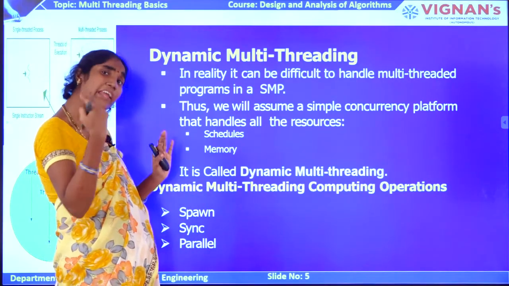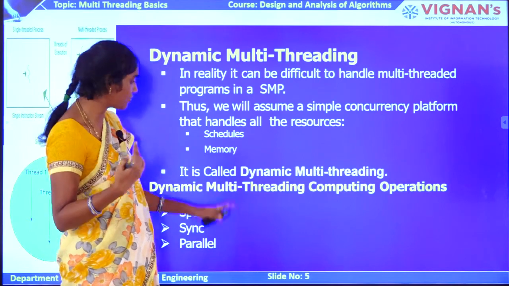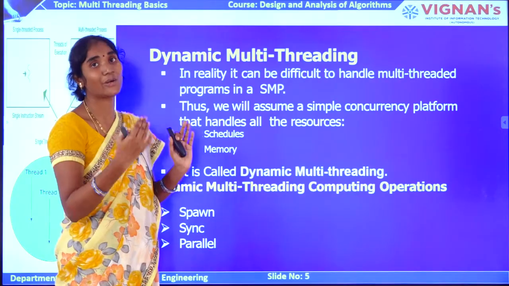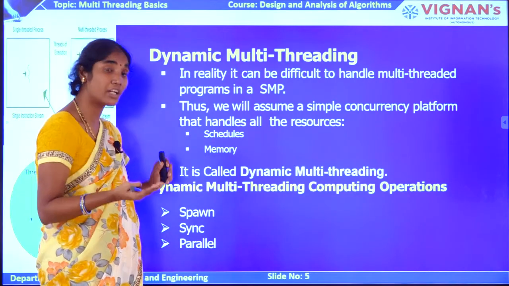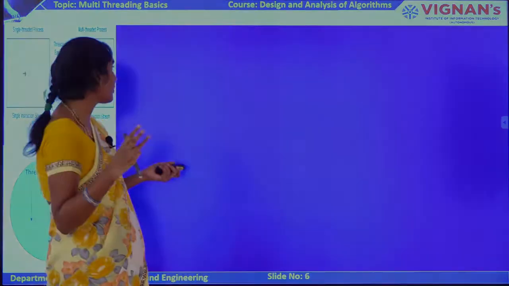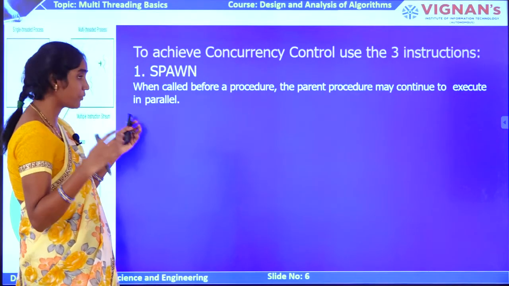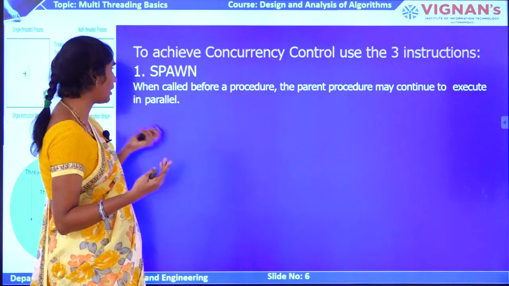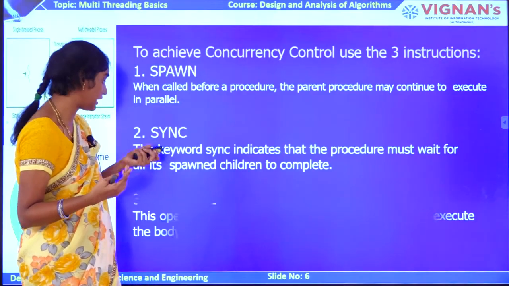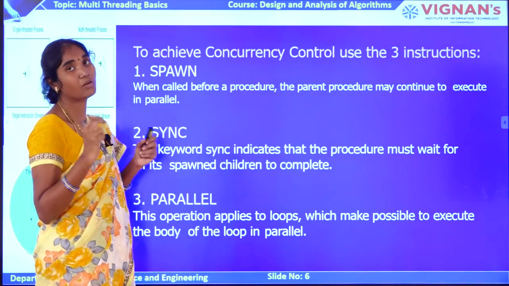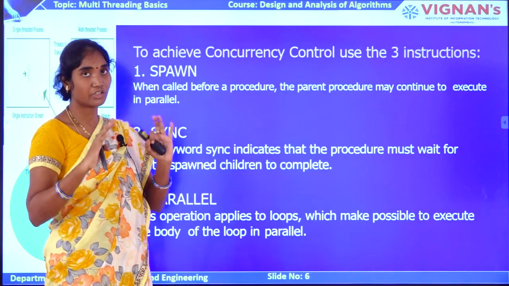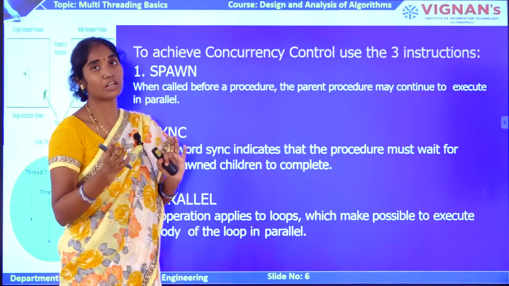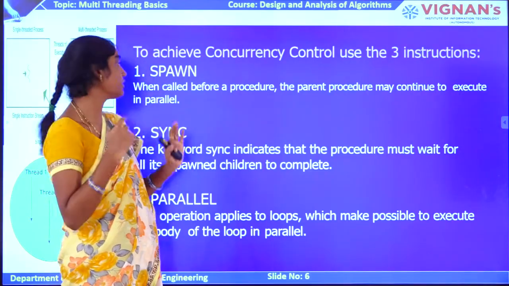In order to achieve concurrency control, we are using 3 instructions, or 3 operations. Those are called spawn, sync and parallel, okay. So the first one is spawn.